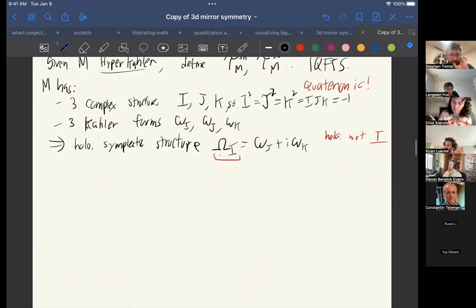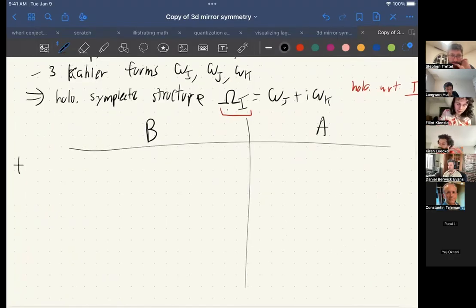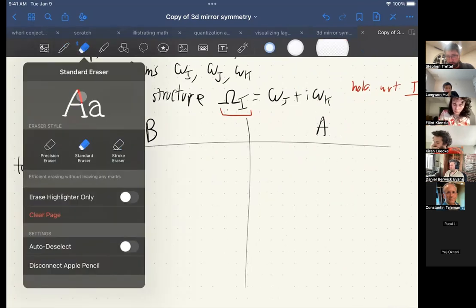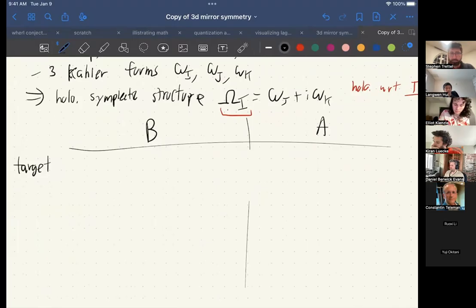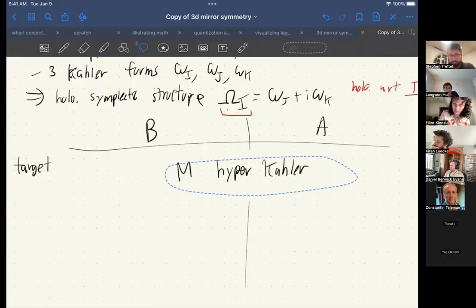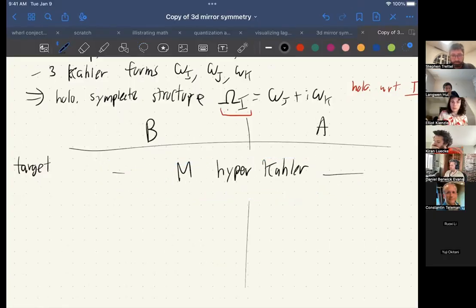Okay, let's make the same flowchart. Okay, we have the B side, we have the A side. And the target, where last time the target could have been symplectic or complex, depending on the side. Here, we're always going to have M be hyperkähler. Let's put that right in the middle.